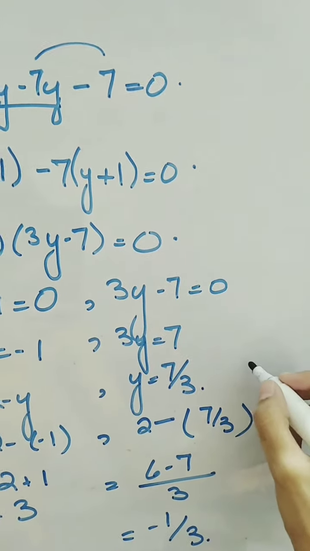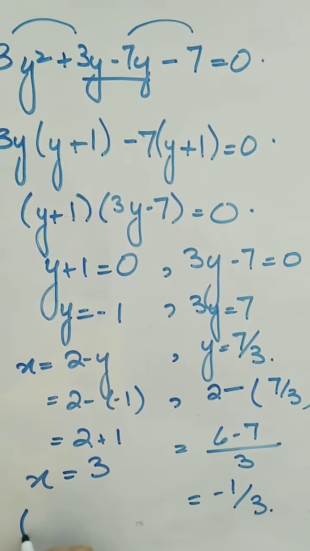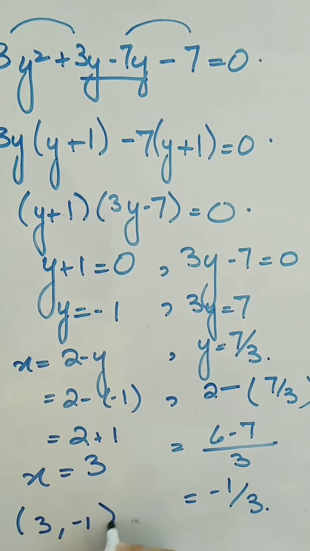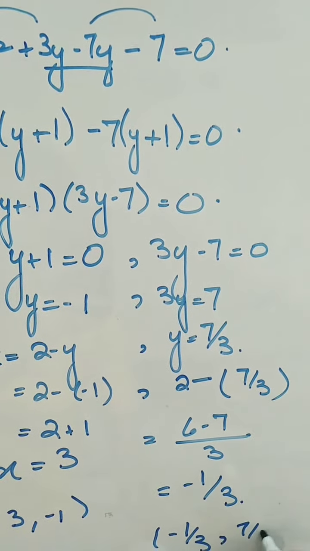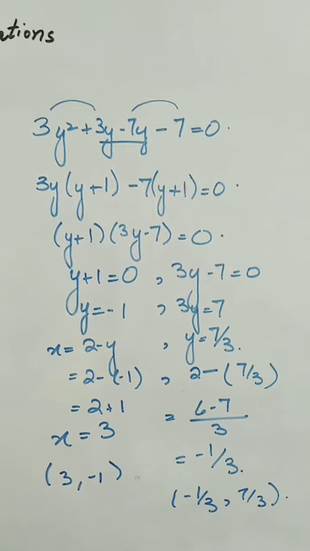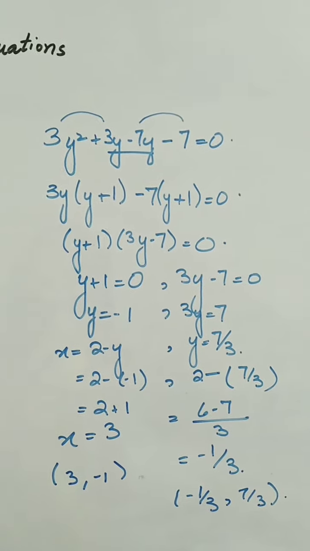As our equation was x is equal to 2 minus y. So we have 3, minus 1 and minus 1 over 3, 7 over 3 are our coordinates for these simultaneous equations.